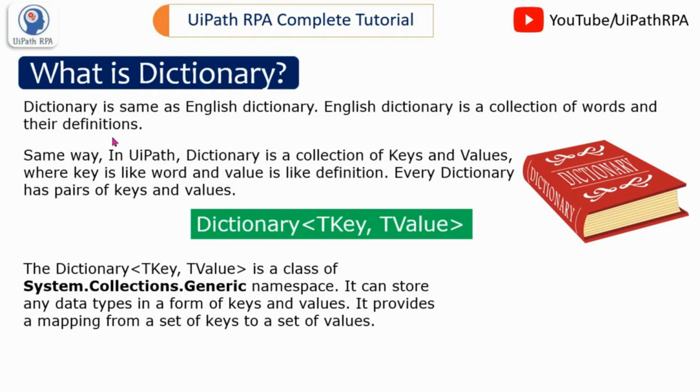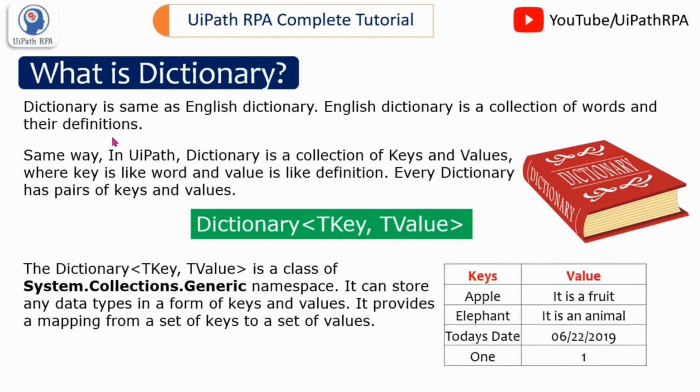It provides a mapping from a set of keys to a set of values. You can see on the right side the keys and the values. Like we have apple, so the value will be it is a fruit. We have elephant, so the value will be it is an animal. Here the key is today's date, and here is the value. Here the key is 1, and here is the value.